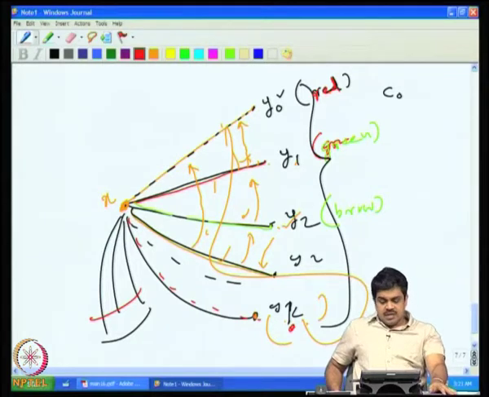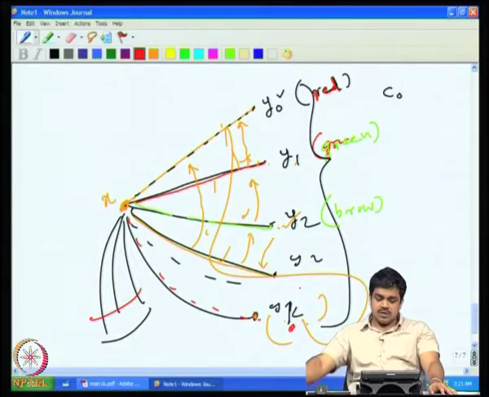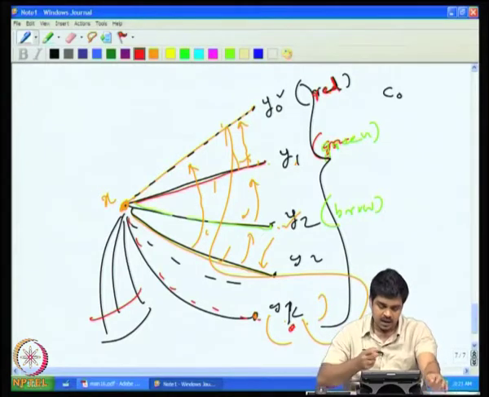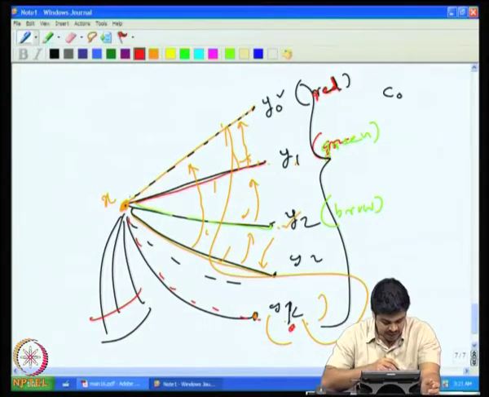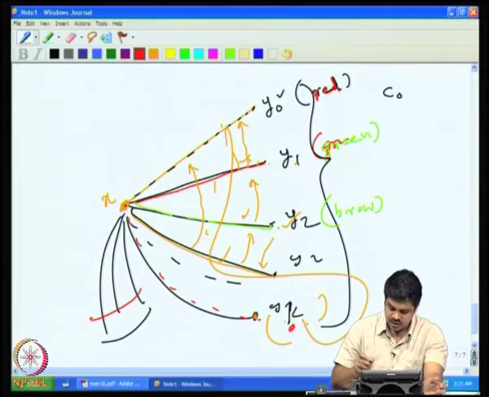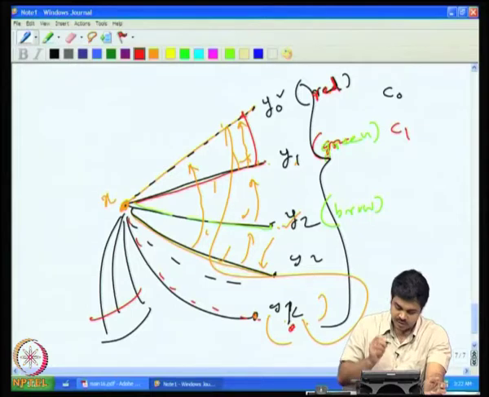For instance, in any of these y0, y1, y2, yk, you can empty say the xyi edge. So, in other words, we can derive a coloring from the base coloring C0 by rotating. Once you rotate, you will get the coloring C1, that means the xy1 color will go to xy0 and this will become empty.